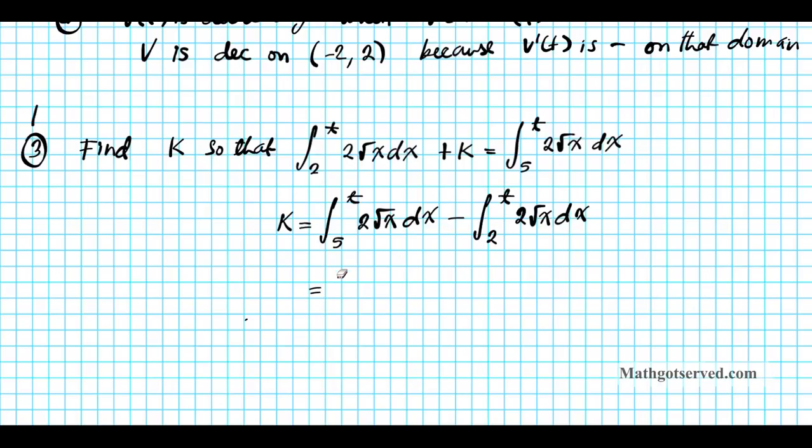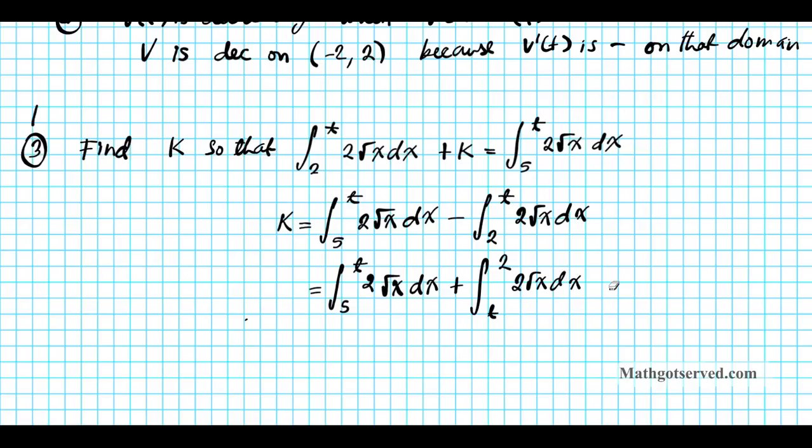So this becomes the integral from 5 to t of 2 root x dx, and then we're going to switch the order of the other one: plus the integral from t to 2 of 2 root x dx.